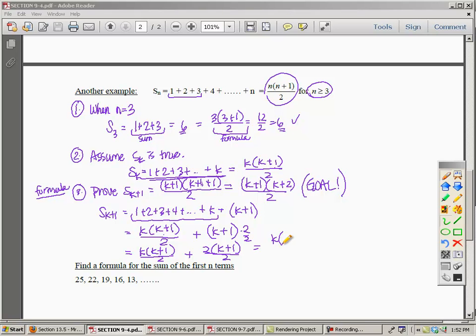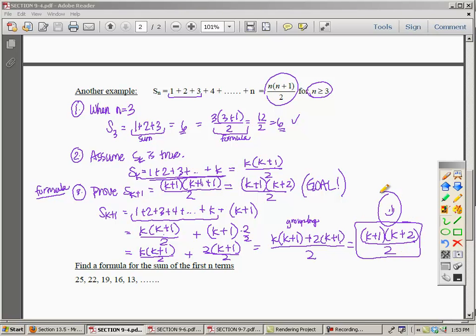So I have k times k plus 1 plus 2 times k plus 1 all over 2. This is the idea of grouping. Okay, when we factor, they both have a k plus 1. So I can pull a k plus 1 out. The first term has a k left. The second term has a 2 left, and I can divide it all by 2. Since this is my goal, I'm done.